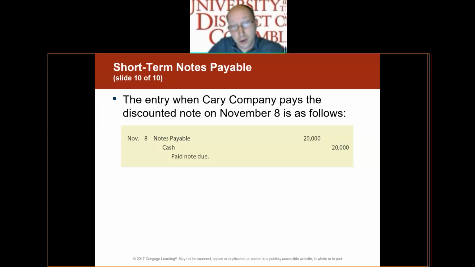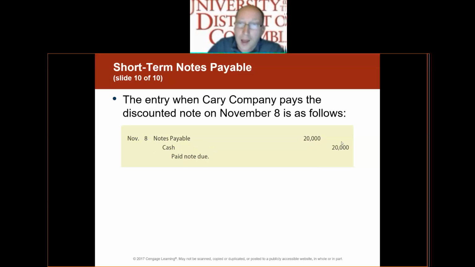So 90 days goes by, we now have to pay the bank the note. So on November 8th, we debit notes payable $20,000, and we credit cash $20,000 to reduce our notes payable and to reduce our cash.